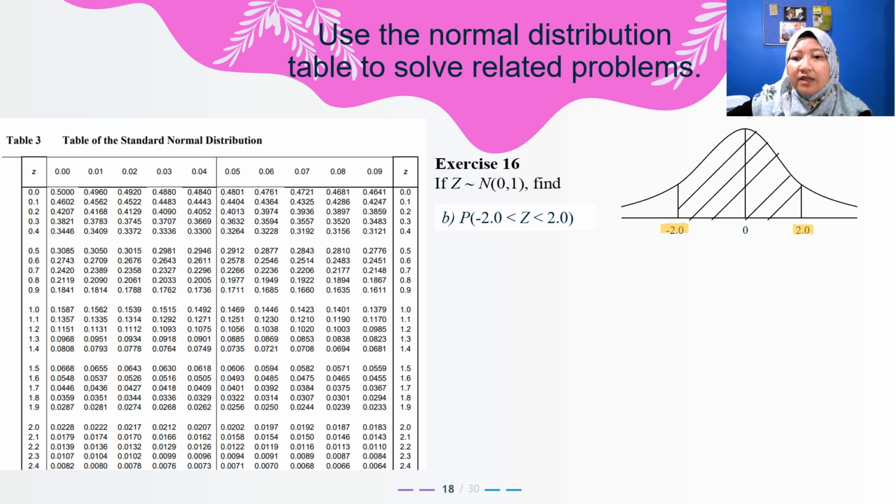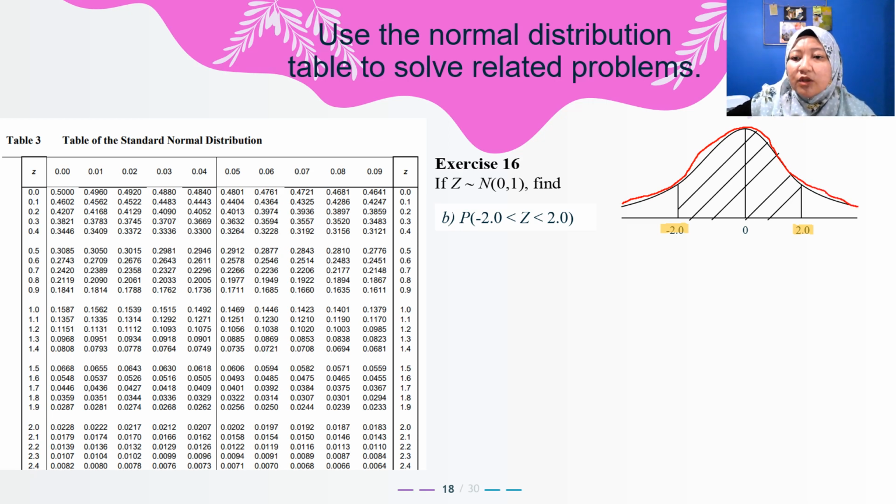And how to find this area? So we know that the total area under this curve is equal to 1. So we can subtract. Okay, the total area is 1.